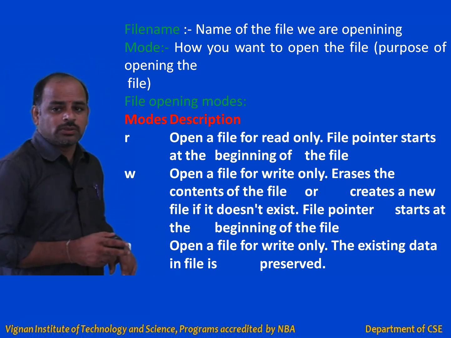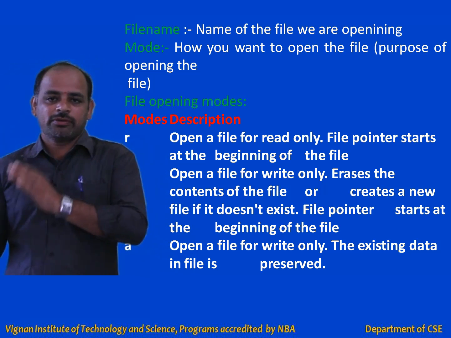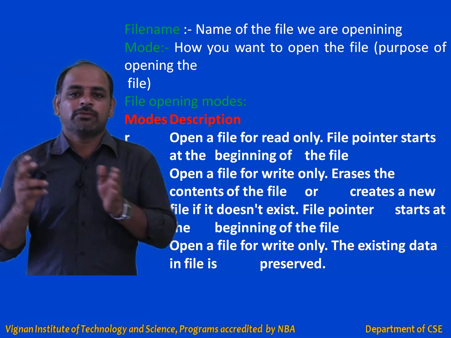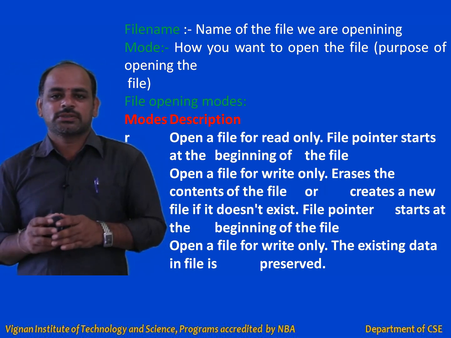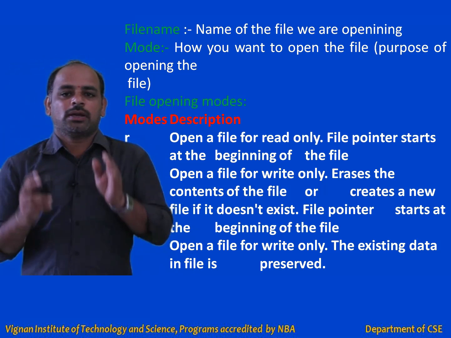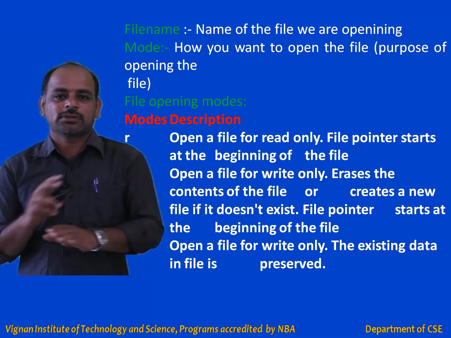Next, write mode. If you want to write some data into a file, then you have to open the file in write mode. While opening the file in write mode, the file may or may not exist. If the file already exists, that file will be opened, and whatever content is already in that file will be overwritten, completely erased.